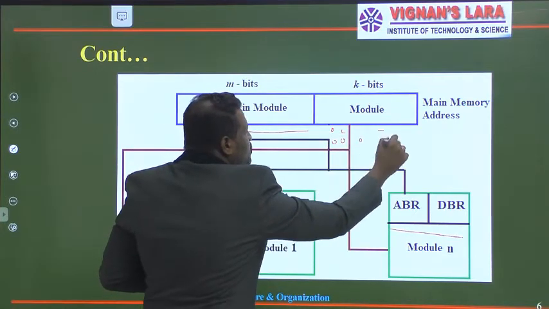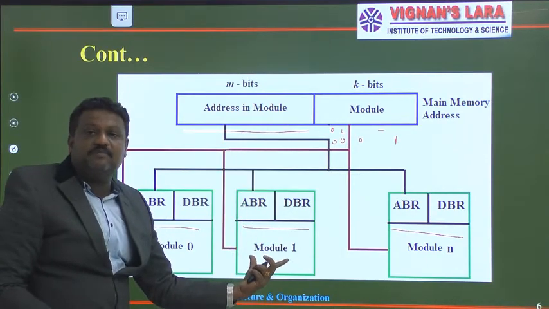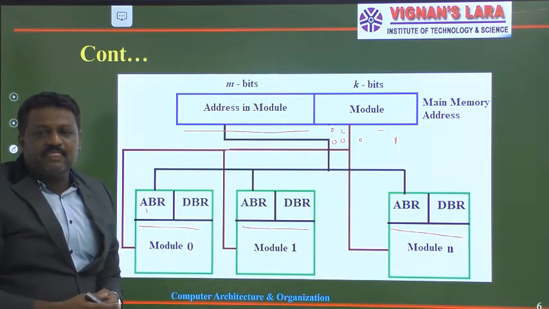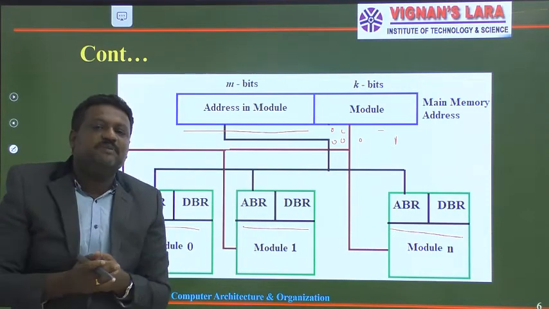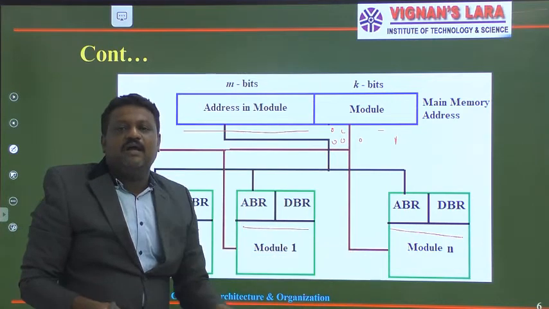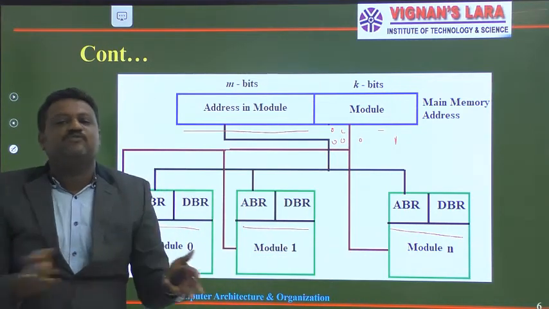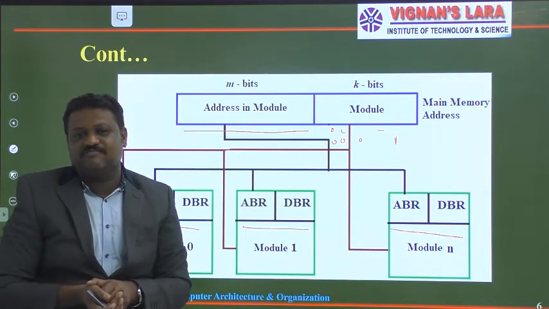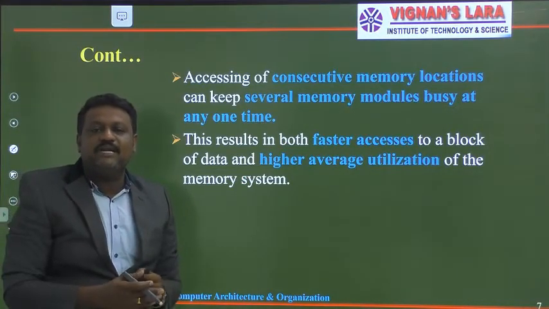These are 0, 0, 0 and the least significant bit is 1. Then that belongs to this particular module. From this module again I am accessing the first word itself. That means the successive words I access from the memory come from different modules, so that at a time more than one module is in active condition, and the transfer rate of data between the memory and the processor can be increased. So this is about our lower order memory interleaving.